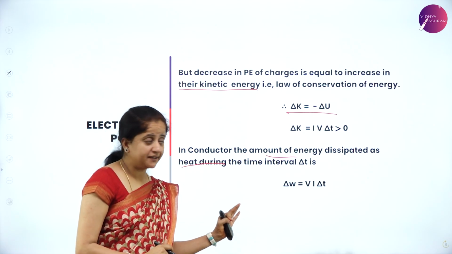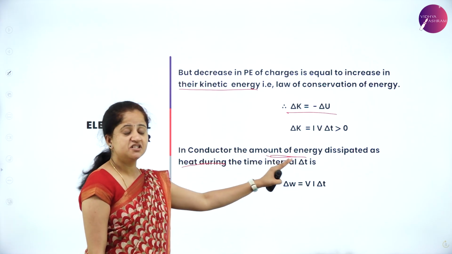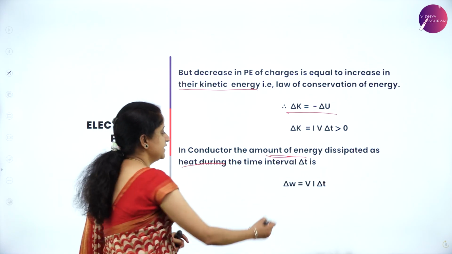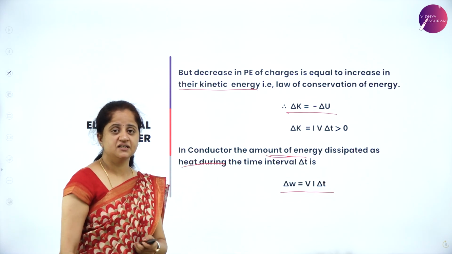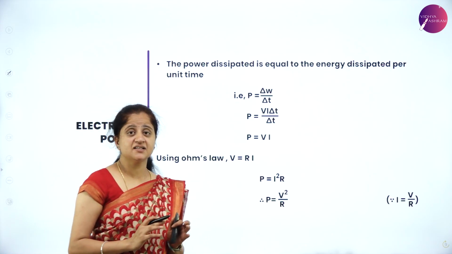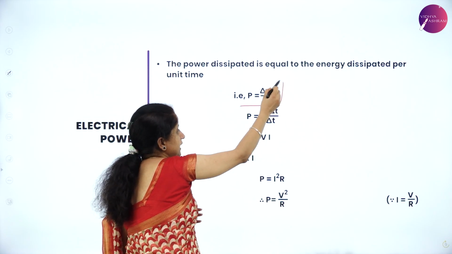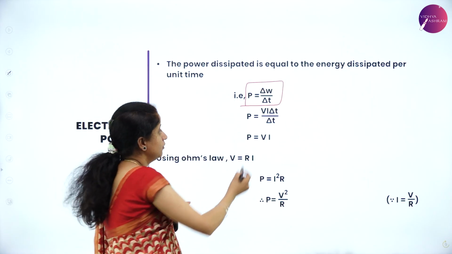In an actual conductor, the amount of energy dissipated as heat during the time interval delta T is given by delta W is equal to VI into delta T. This dissipated power is equal to the energy dissipated per unit time, that is P is equal to delta W divided by delta T. What is this delta W?